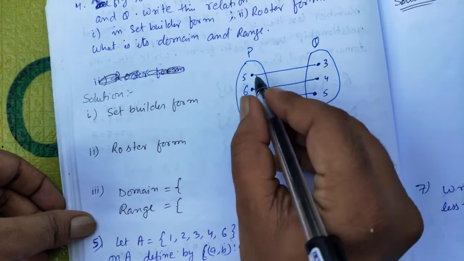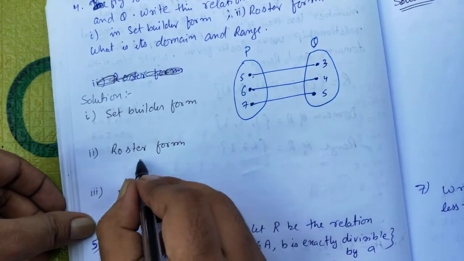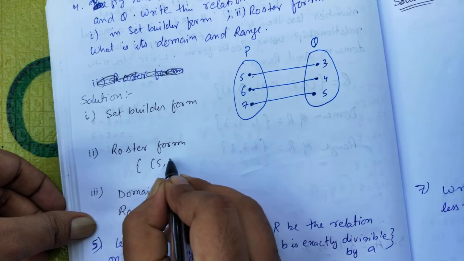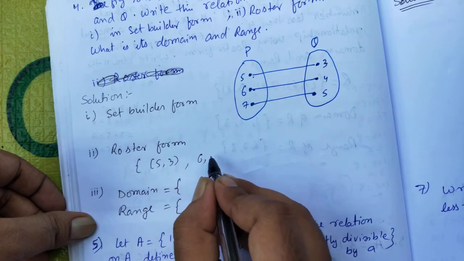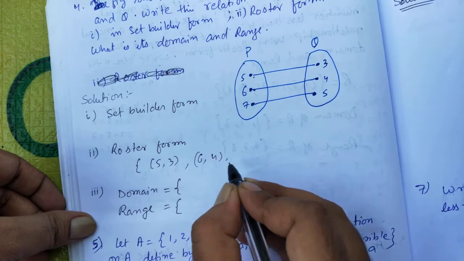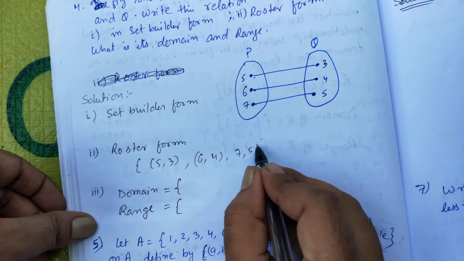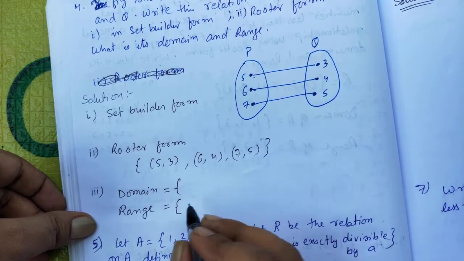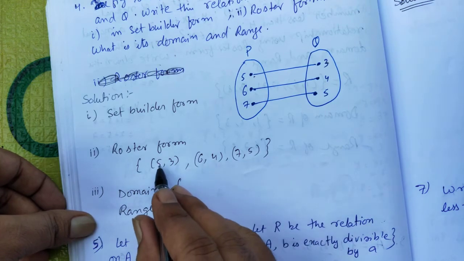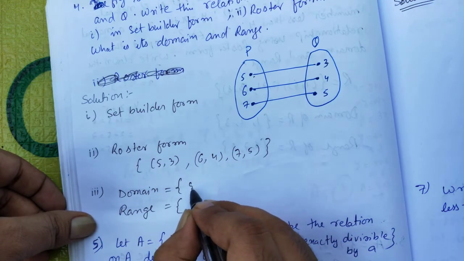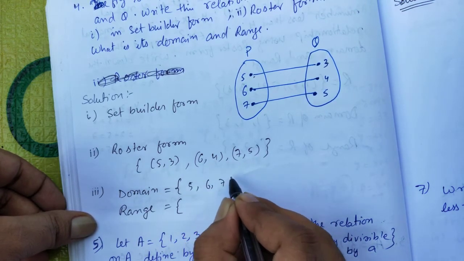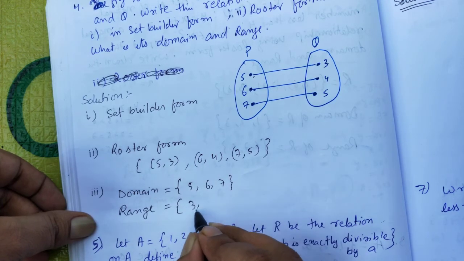So roster is directly, we can say 5 is related to 3, 6 is related to 4, and 7 is related to 5. Domain and range also we can find. The first element is domain: 5, 6, 7. Range is 3, 4, 5.